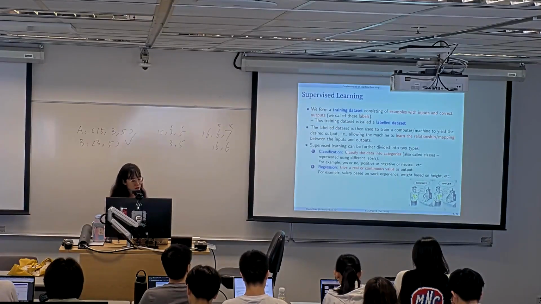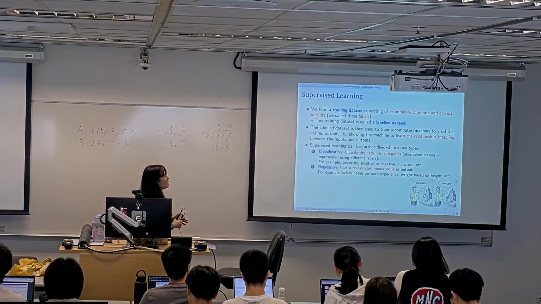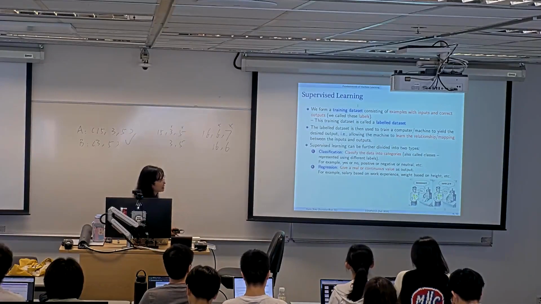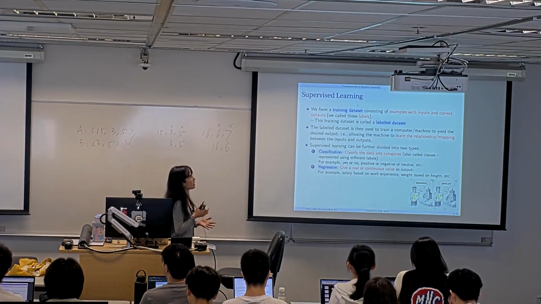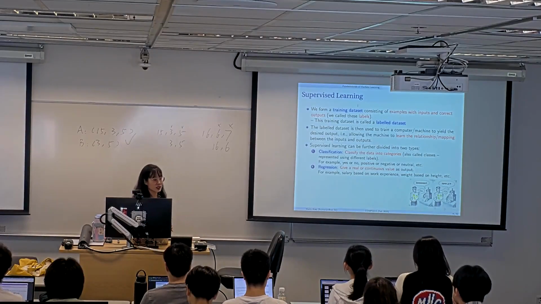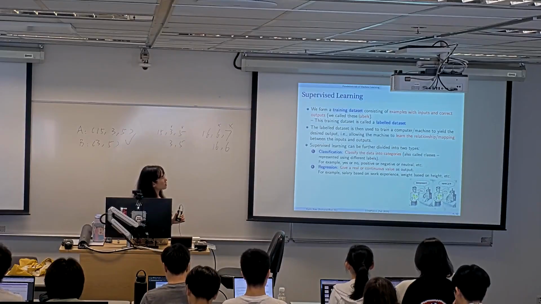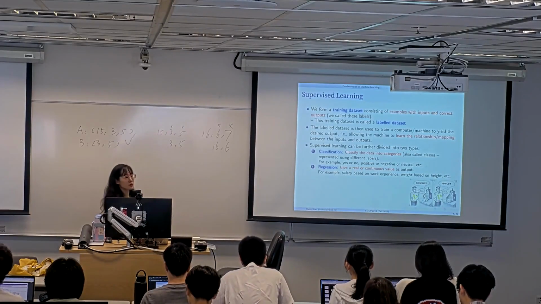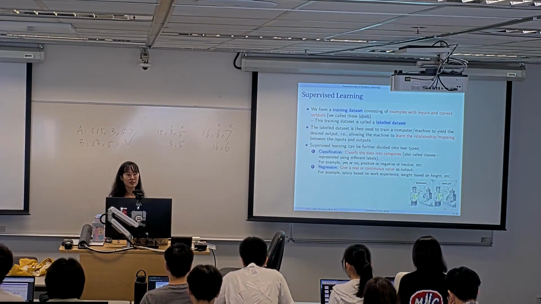Then specifically for supervised learning, we need to form a training data set. This training data set must consist of examples with inputs and correct outputs. Here we call the correct outputs labels. This is a terminology we use in machine learning, labels.